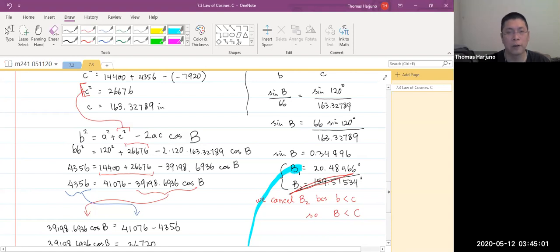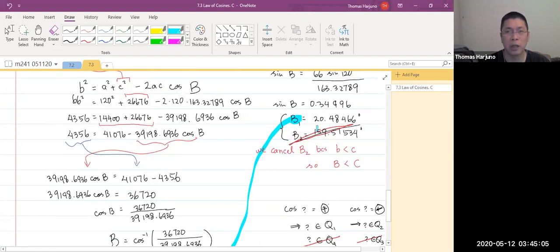Okay, use law of sine. But there are times that you may have two possible angles and you cannot cancel any one of them. In that case, the only way to find out which one is really by using law of cosine, or you go further into the question.